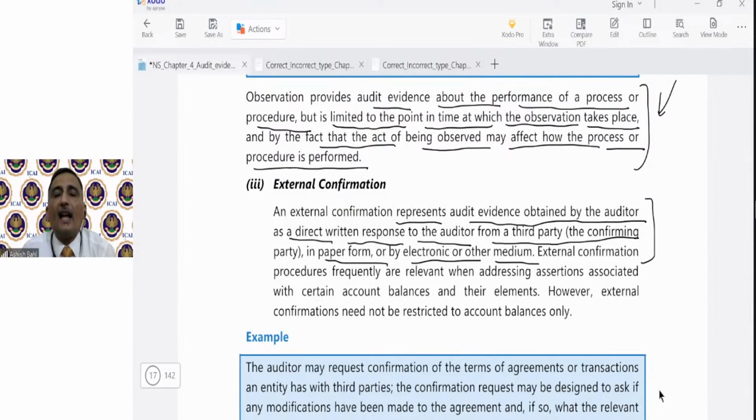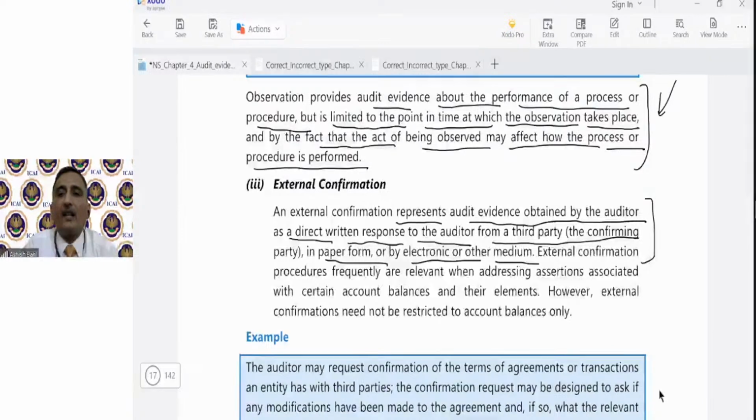External confirmation requests can be sent to third parties not only in paper form, they can be sent electronically also by mail or any other form. It is not necessary that you have to send a speed post letter. You can ask for the confirmation on mail in an electronic manner also.